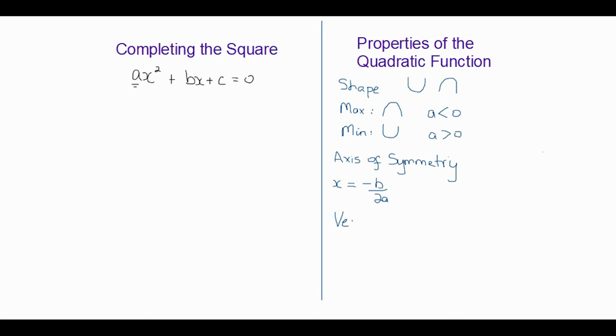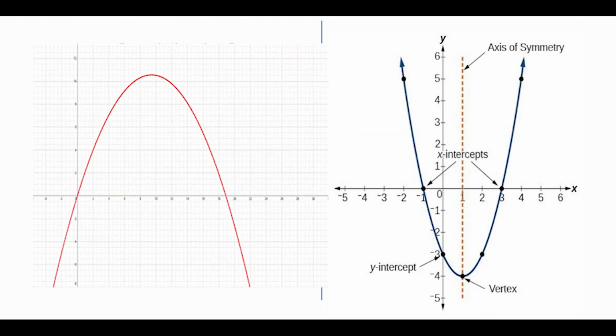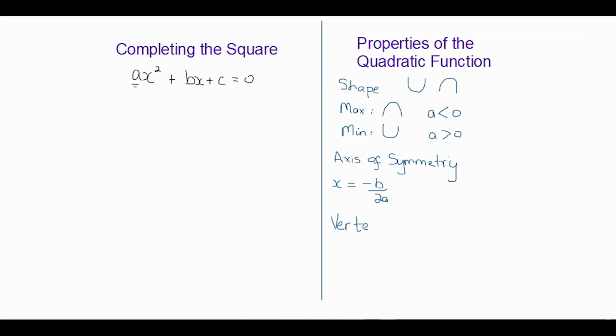And this vertex usually is dependent on what type of curve we have. So the vertex can be either a maximum or a minimum turning point, and based on the nature of the curve, if we have a maximum curve, it's pretty obvious we're going to have a vertex that is a maximum turning point.